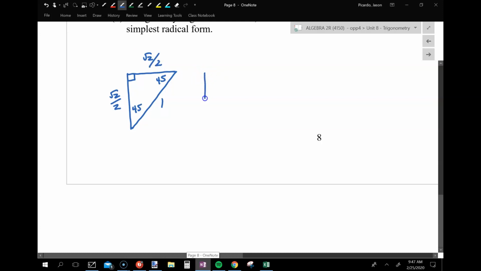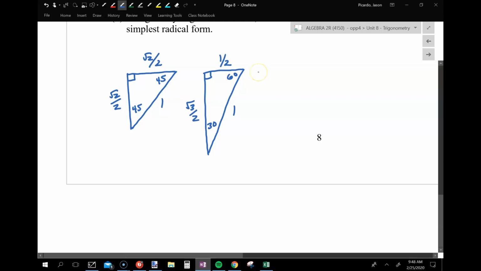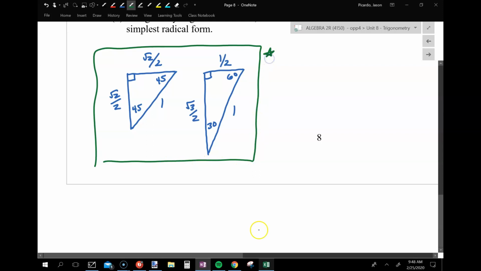And then you have a 30, 60, 90 triangle, where the sides are 1/2, 1, and radical 3 over 2. And I said take these two pictures and circle them and star them. From two previous problems that we did. Got it?